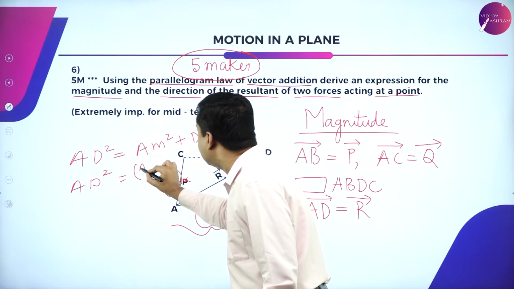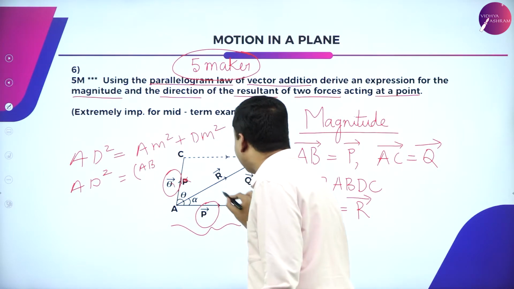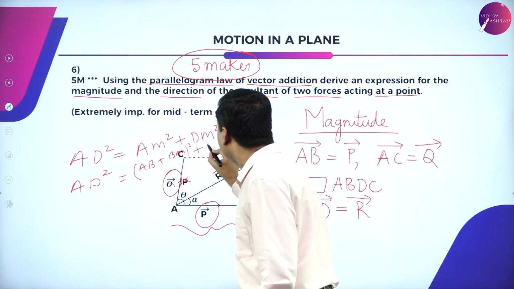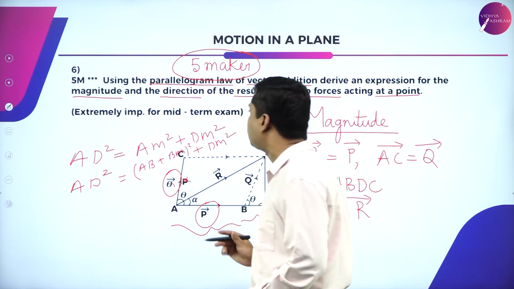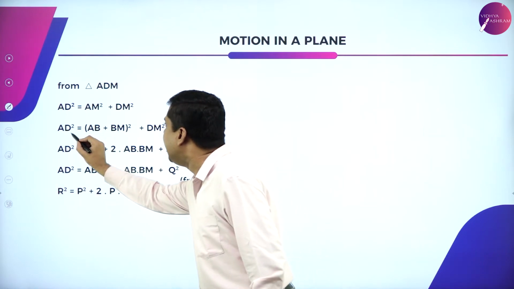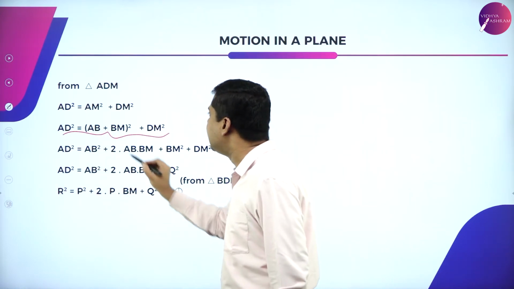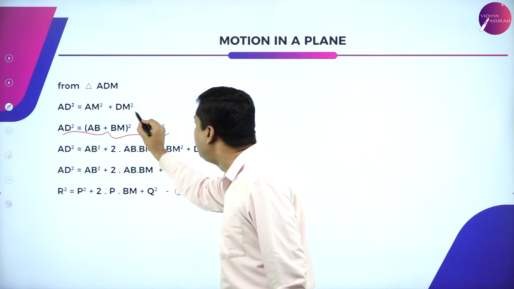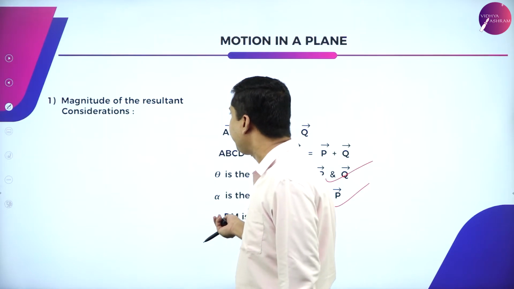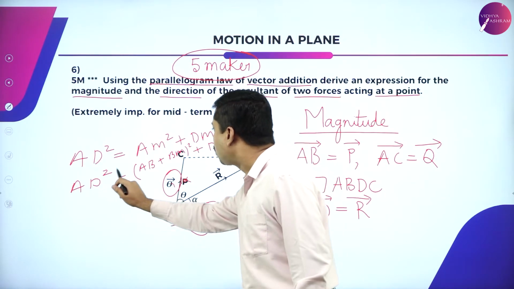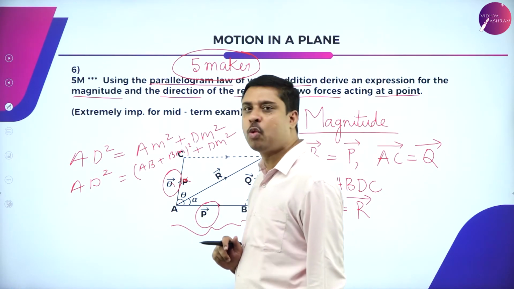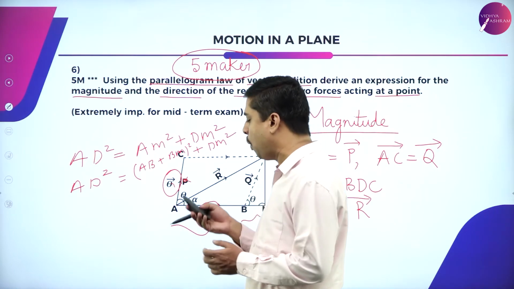So AM is written as AB plus BM whole square plus DM square, and that is what I have formulated here. AD square equals AB plus BM whole square plus DM square.